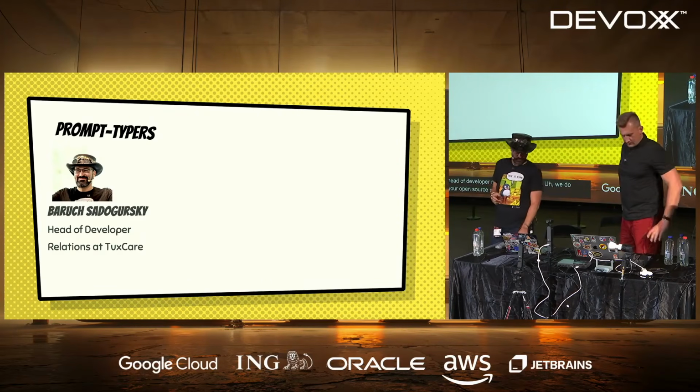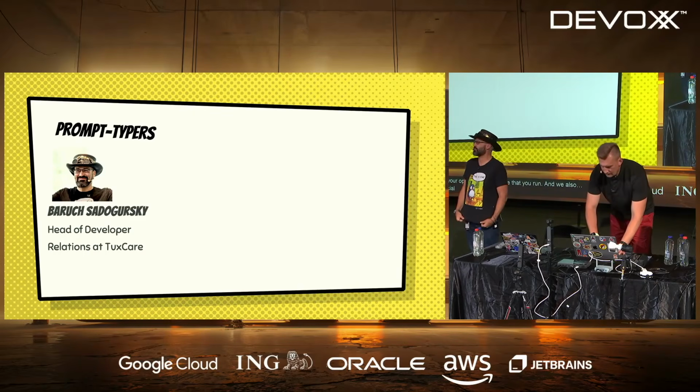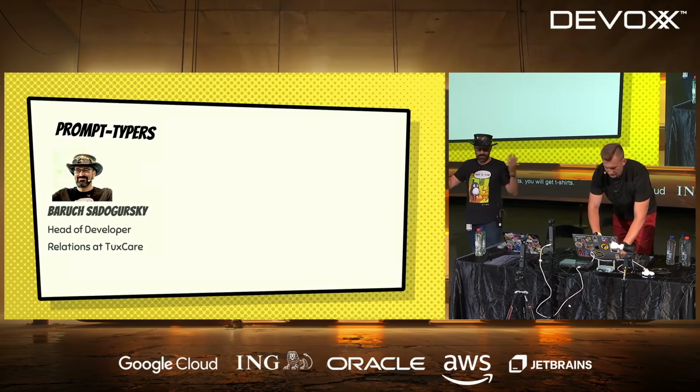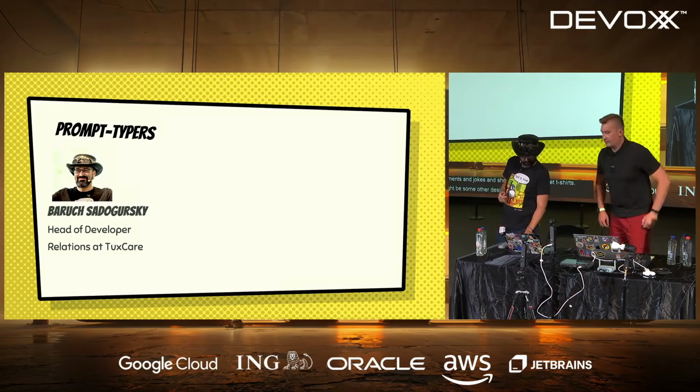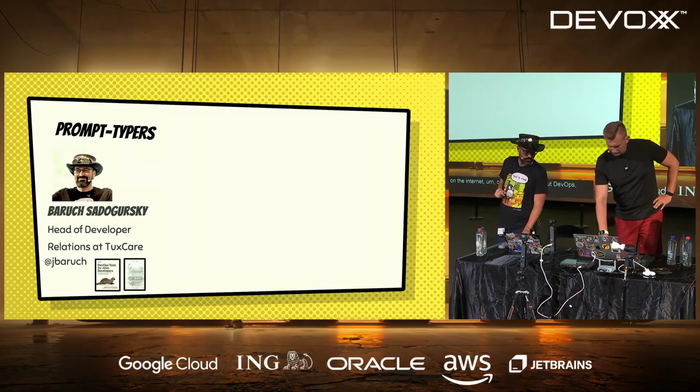I will also be the official T-shirt provider for this session: for awesome questions, comments, jokes and shout-outs you will get T-shirts. Find me at jbaruch everywhere on the internet. Couple of books about DevOps for Java, software development, and release in general.